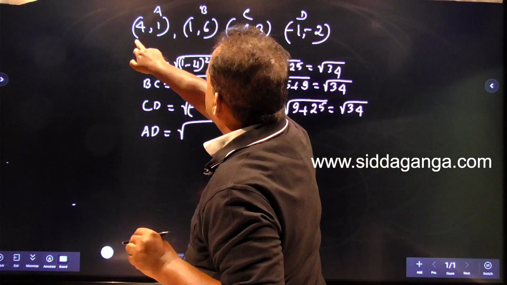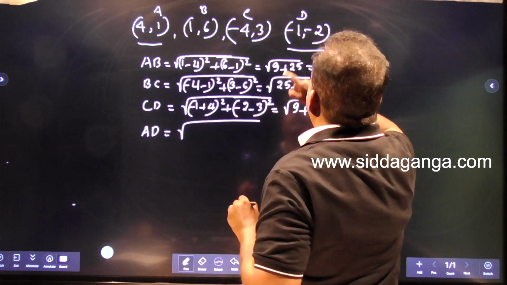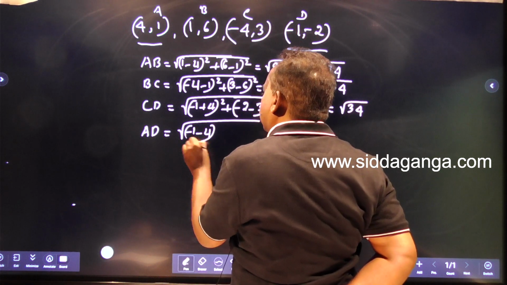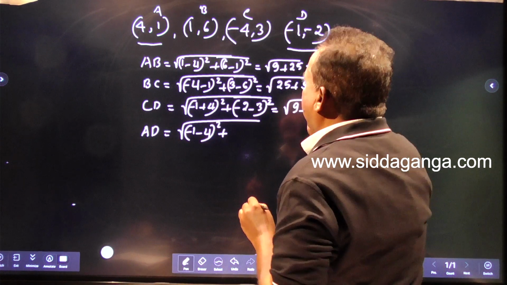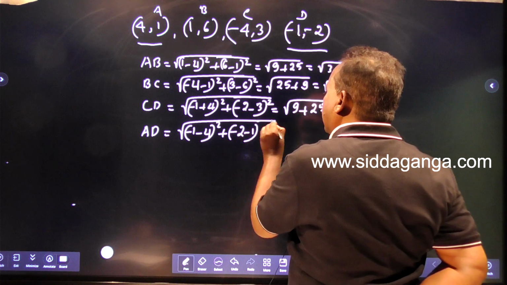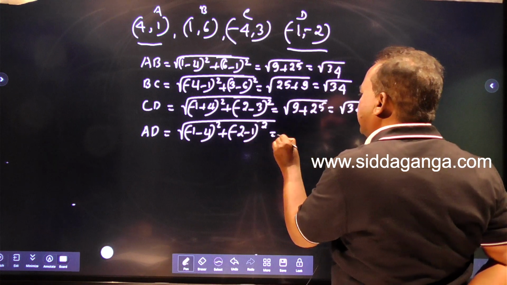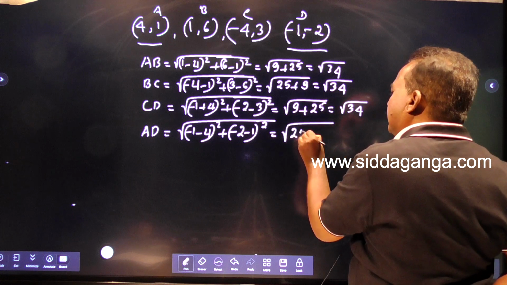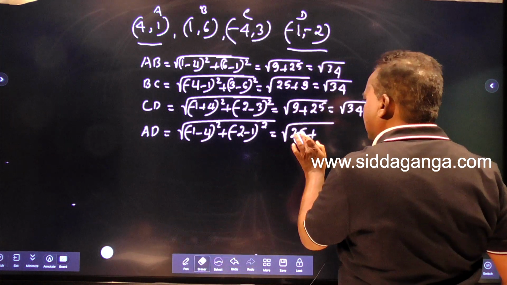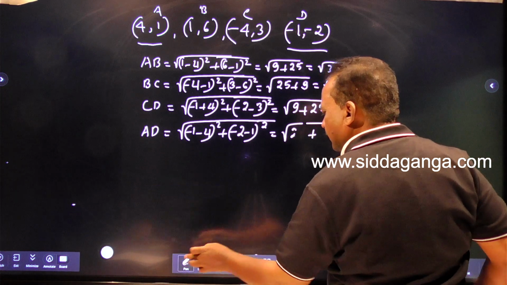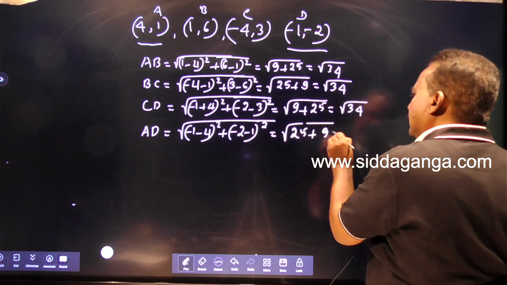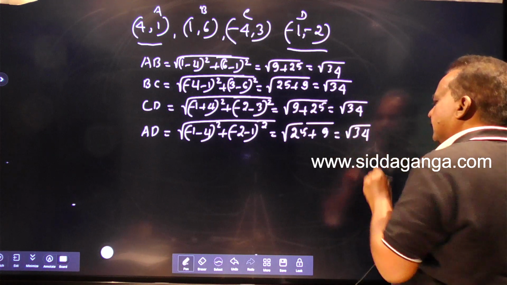This is A and this is D. x2 minus x1, minus 1 minus 4 whole square, plus y2 minus y1, minus 2 minus 1 whole square. 5 square is 25 plus 3 square is 9. Again, this is also root 34.